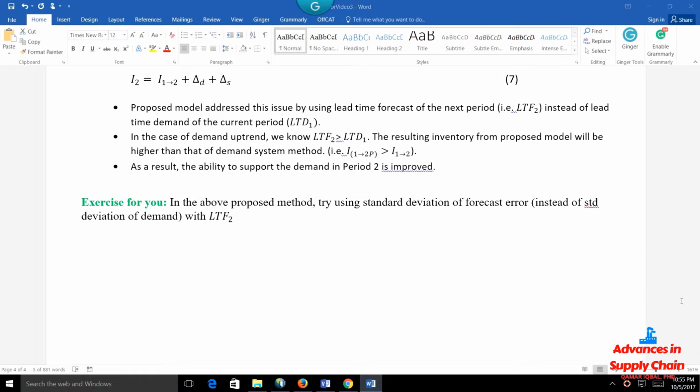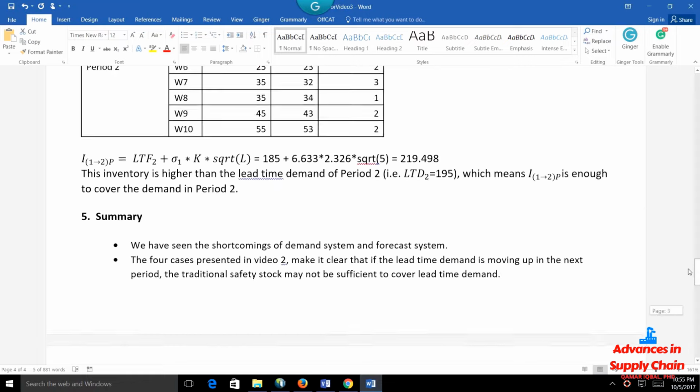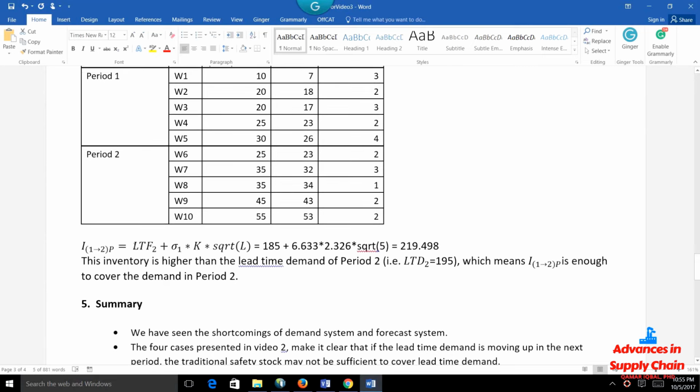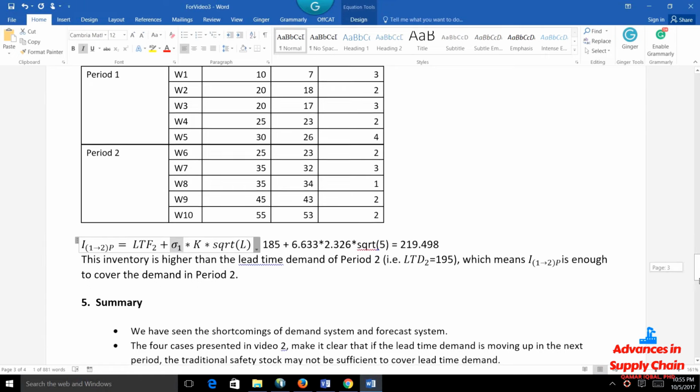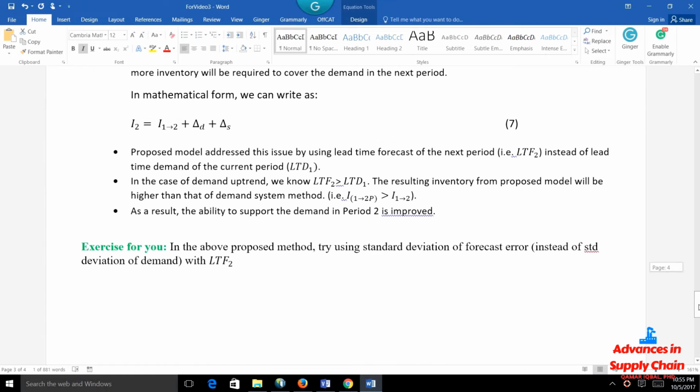What I'm asking you in this formula is, just keep LTF2, but instead of a standard deviation of demand for period 1, try using a standard deviation of forecast error, and see what results you see. And how do you compare this method to the exercise that I'm giving you.